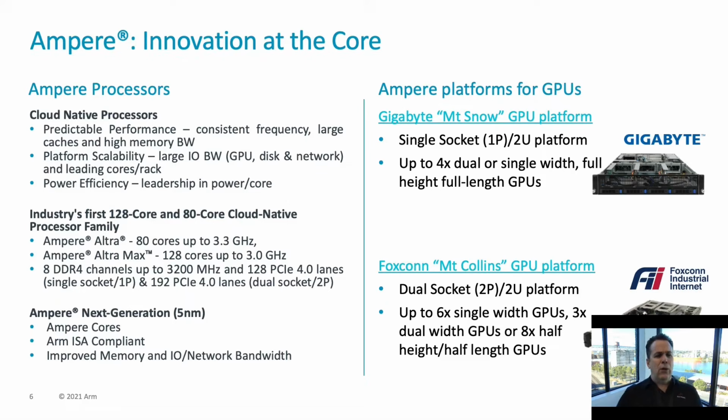I talked about Ampere Altra, 80 core parts, running up to 3.3 gigahertz. The Ultra Max, coming out this year, will have 128 cores, running up to 3.0 gigahertz.